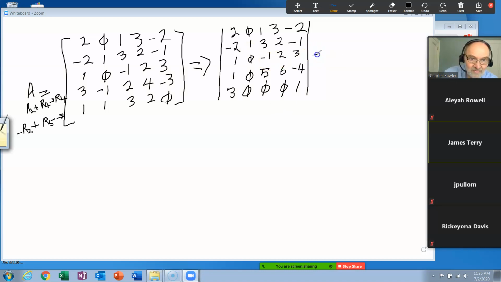Okay? So this is going to be the same as 1, which I'm not even going to write down, times, and what we'll do is wipe out that row and wipe out that column, and then do the determinant of what's left. And the determinant of what's left is 2, 1, 3, minus 2. 1, -1, 2, 3.